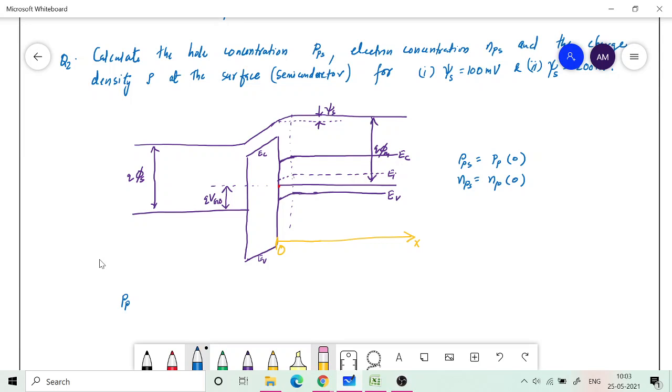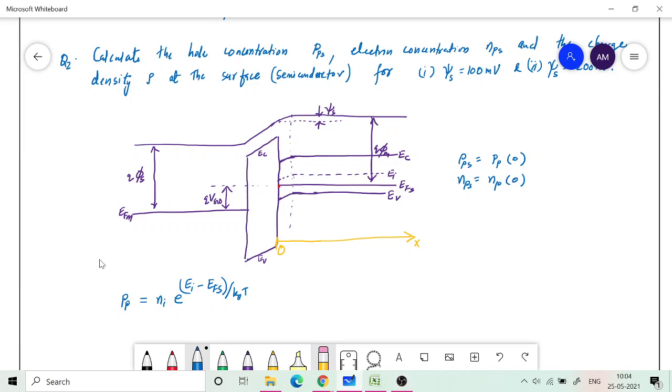PP is given by Ni into e raised to EI minus EFS, where this is EFS and this is EFM, divided by KBT.